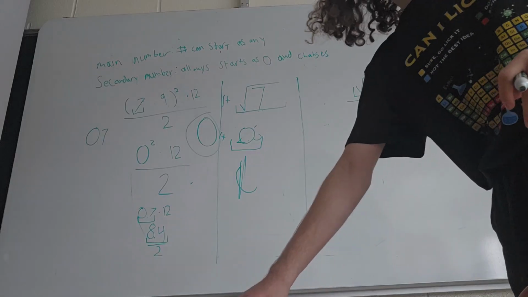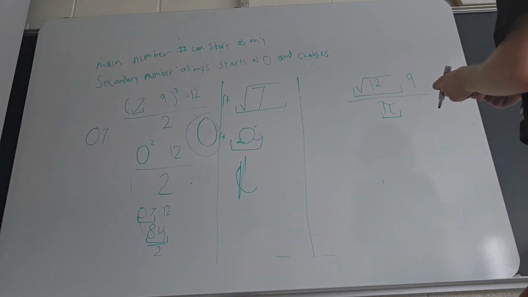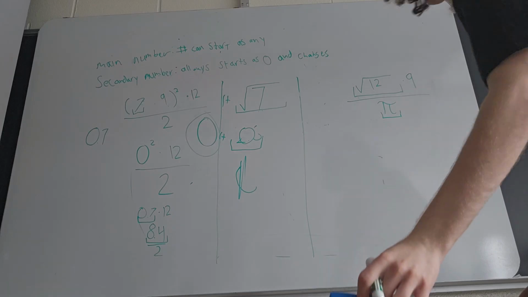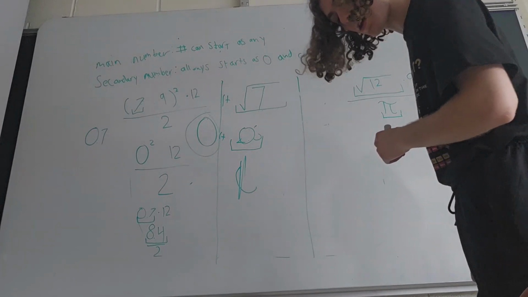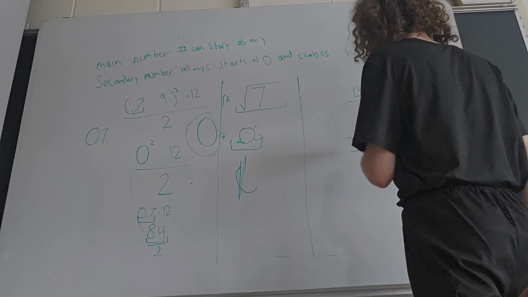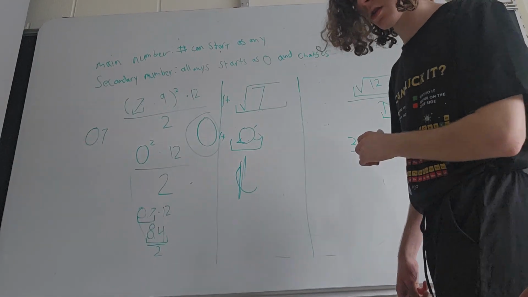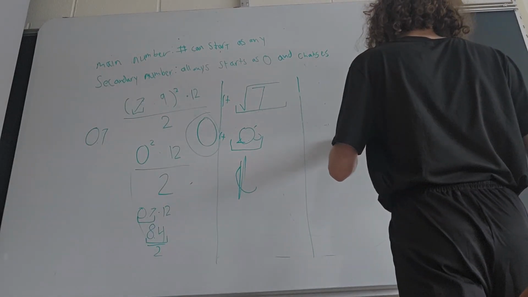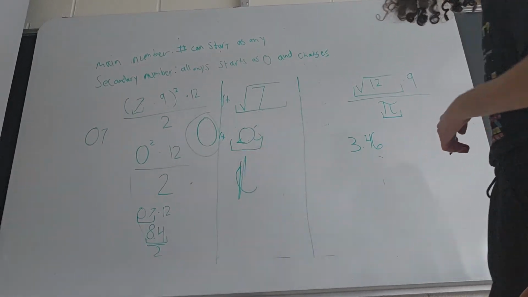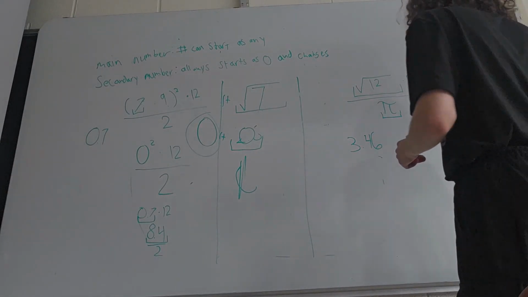So first we have this, which is square root of 12. This can be done before. So that means now it is, we're going to round this to the nearest 100th, I think, because it's an irrational one, and I don't want to deal with the irrational.